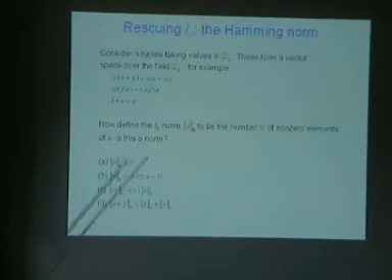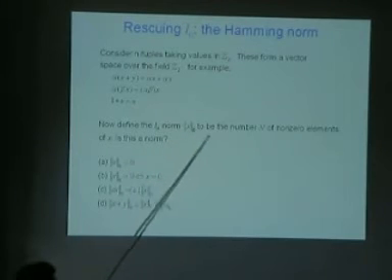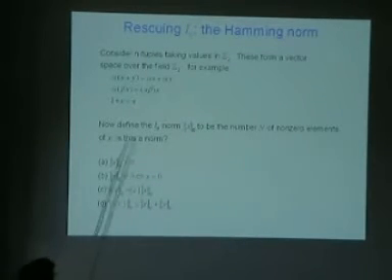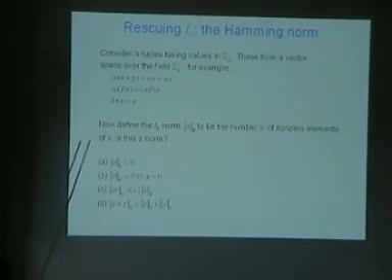Now I'm going to define an L0 norm to be the number of non-zero elements of x. Is that now a norm? Well, does it satisfy the norm conditions for this field? This is certainly true, the number of non-zero elements is greater than or equal to 0. It's also true that the number of non-zero elements is 0 only if everything's 0. It's also true that if I multiply by something from my field Z2, which is 0 or 1, I can bring it outside.